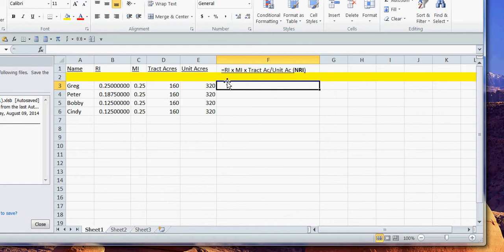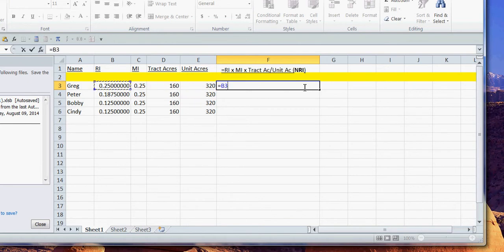So remember, you always start with the equal sign. So I'm going to start with the royalty interest, and I'm going to multiply that by the mineral interest. Let me start over. Equal royalty interest.